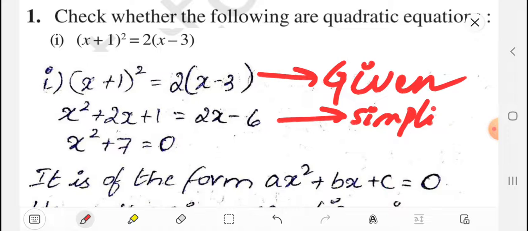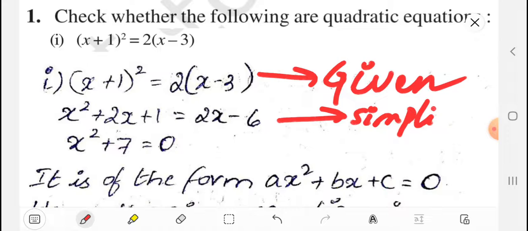If this is clear, let's take all the RHS terms onto the LHS. After simplifying, we are left with x square plus 7 equals 0. Plus 2x on both sides gets mutually cancelled.